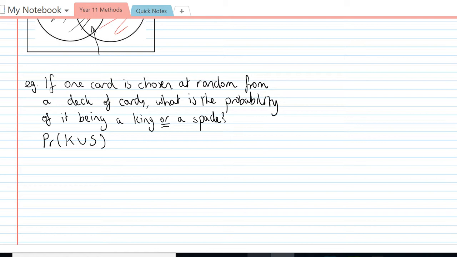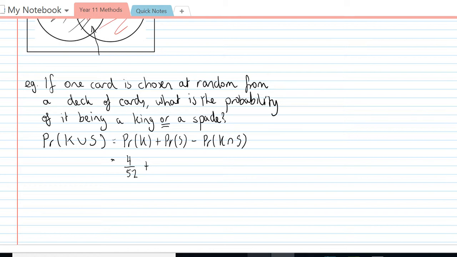That tells me that I'm using a union. And that's going to be the probability of getting a king plus the probability of getting a spade, and then minus the probability of getting a king intersection with a spade, which actually means the king of spades. So in this case, the probability of getting a king, well, there are 4 kings in a deck of 52 playing cards.